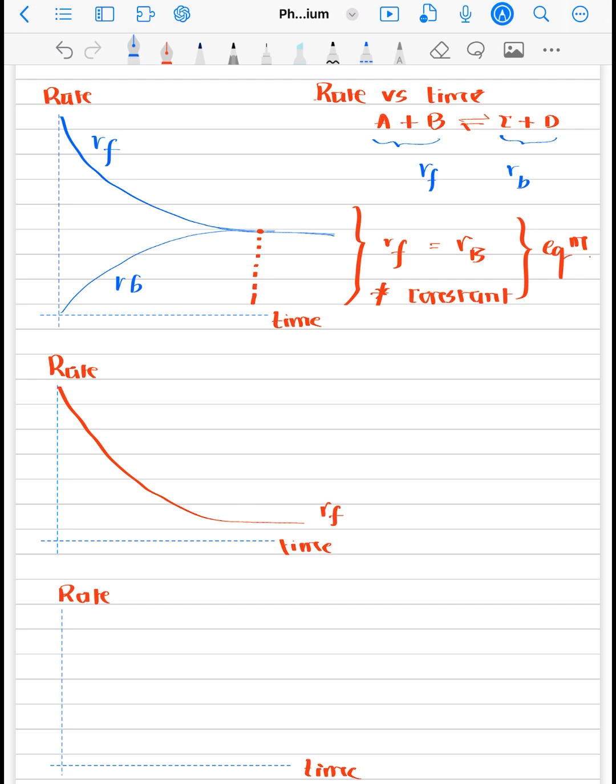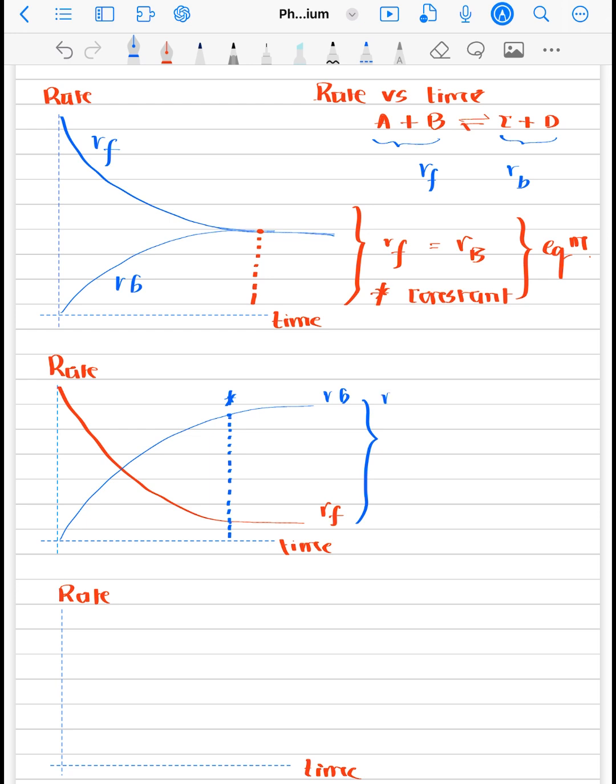On the other hand, let's take into consideration the backward reaction. This is how the rate of backward reaction would be observed. Now if you take any particular point over here, both of them are becoming constant, but they are not equal to each other.